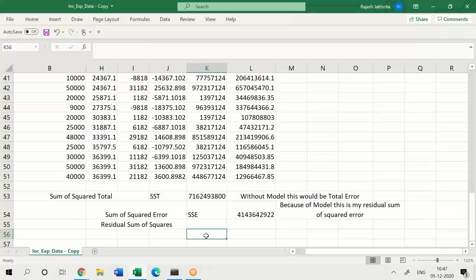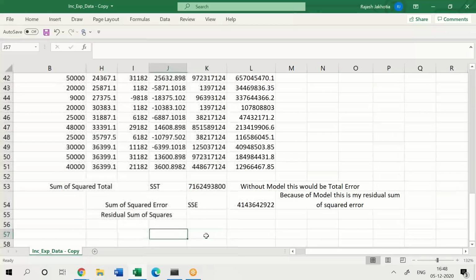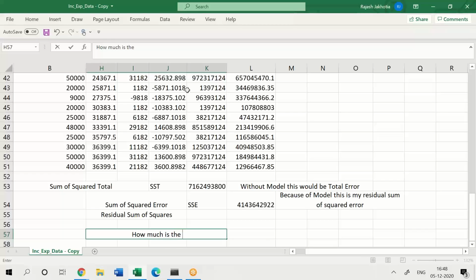Obviously, there is an error reduction. So how much is the error reduction? I'm using the term error reduction.